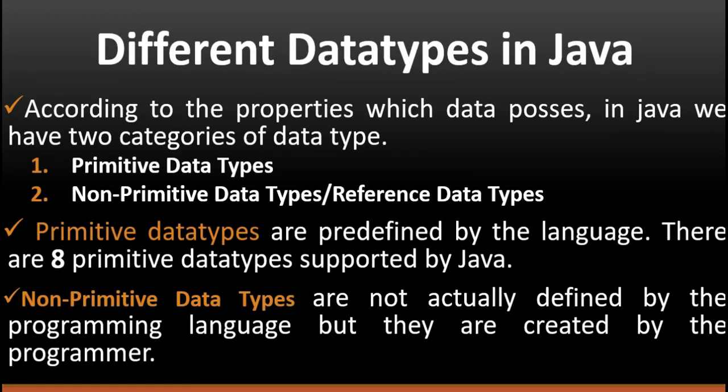Next, we have the different data types available in Java. According to the property which data possess, we have two categories of data type. Number one is primitive data type and number two is non-primitive data type, which is also known as reference data type. Primitive data types come by default with the language.